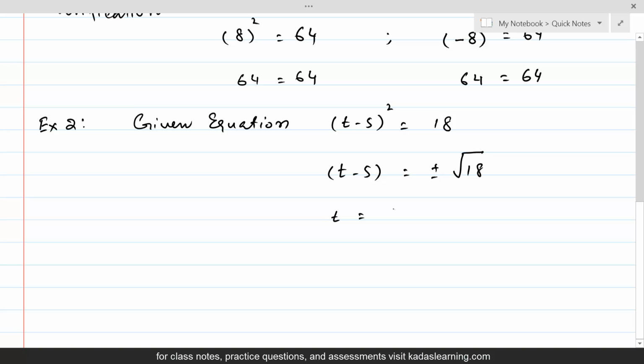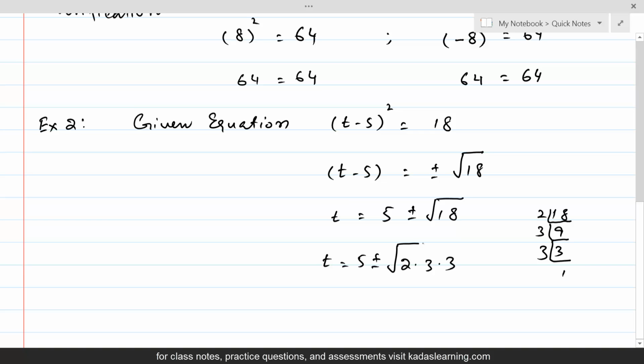So t will be equal to 5 plus minus square root of 18, and by changing 18 into its factors, 18 can be written as 2 times 3 times 3.